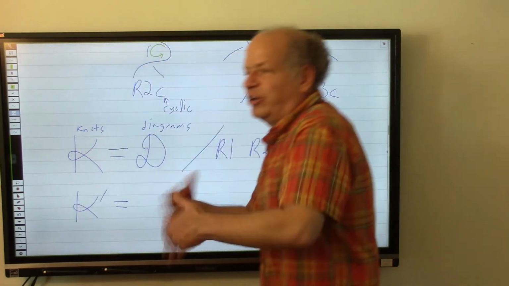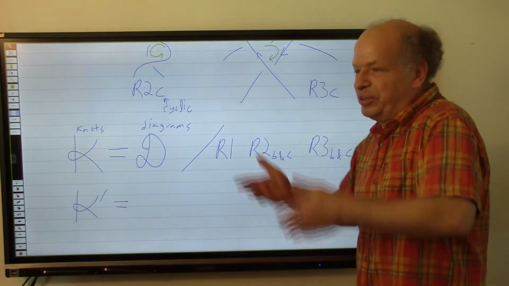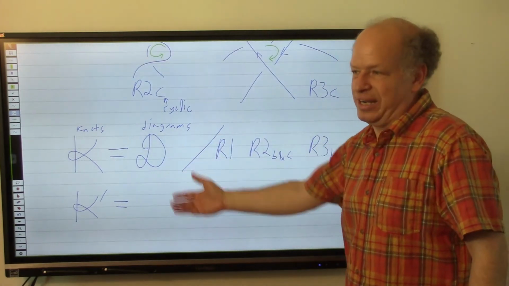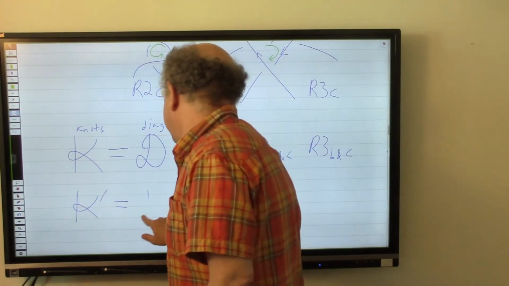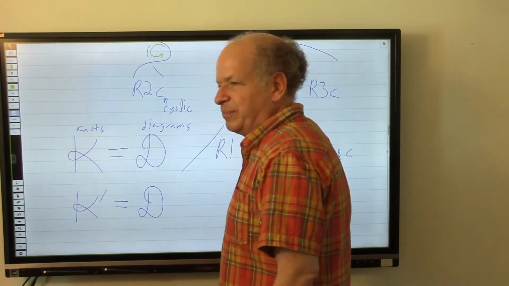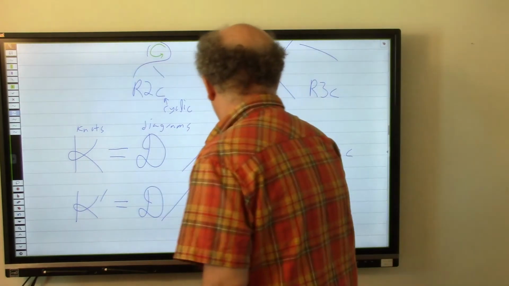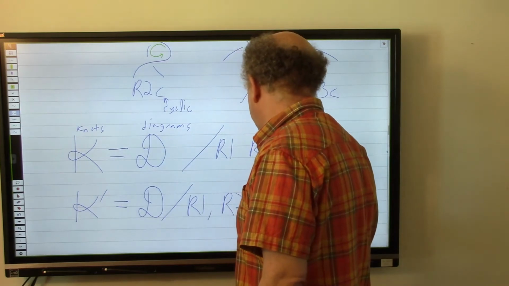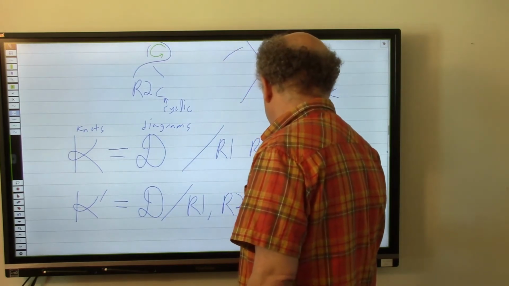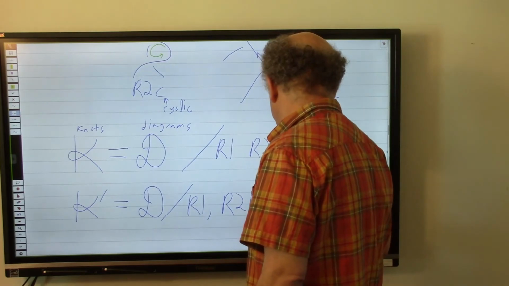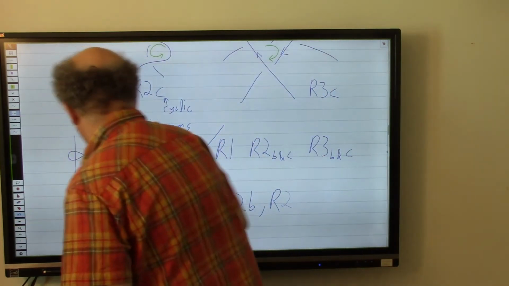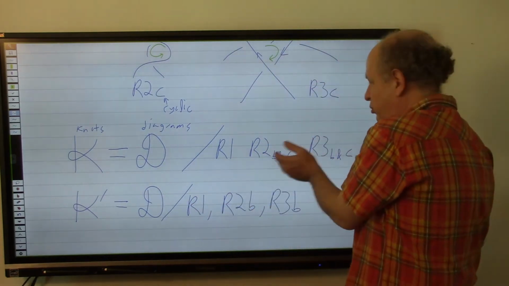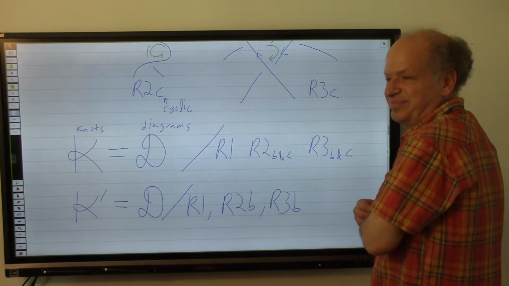So these are knot primes, modified knots. There are other modifications to knots, but this is one. This will be the space of all diagrams modulo only R1 and only R2B and R3B. This turns out to be the interesting one. You could do the same with C's, but it's not interesting.